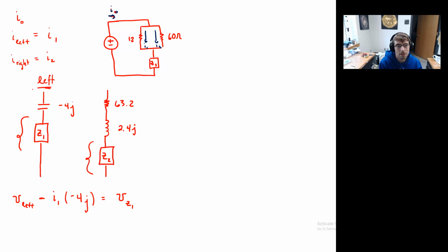Right? Potential drop across that branch minus the potential drop across the capacitor, that must equal the potential drop of Z1. And similarly, we could say V left minus current 2 flowing through the 63.2 resistor plus the 2.4J inductor, that must equal the potential drop across Z2.